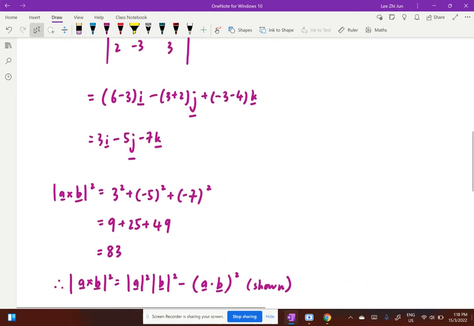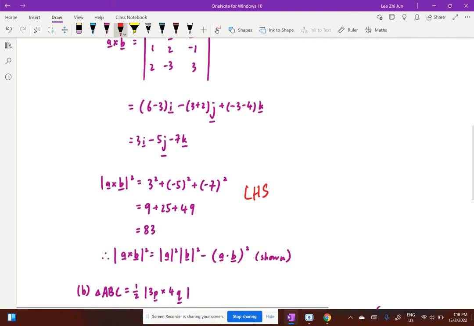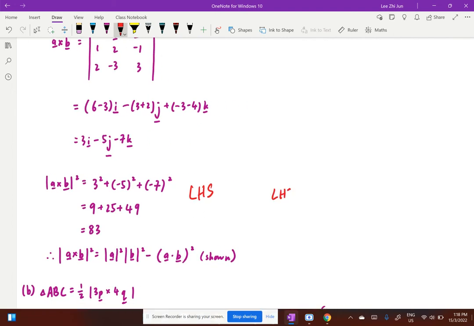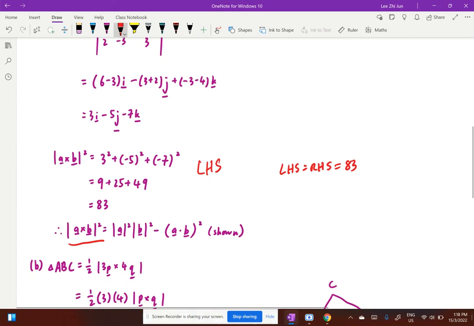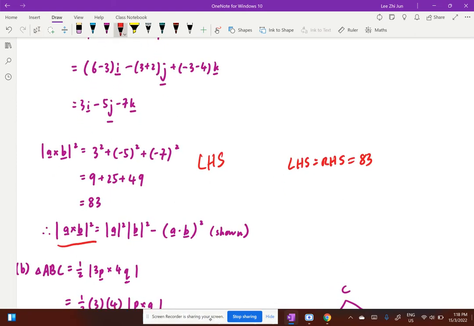So the square of the magnitude of the cross product, no need the third component, I also get 83. This left hand side also 83. So to summarize, the left hand side equals the right hand side equals 83. So I prove that the cross product squared equals magnitude squared minus dot squared.